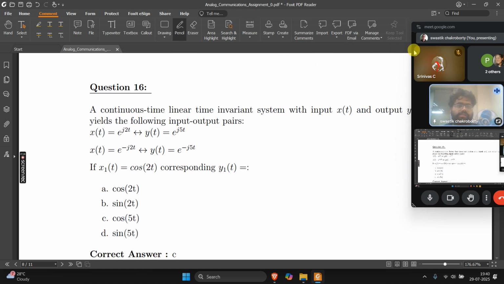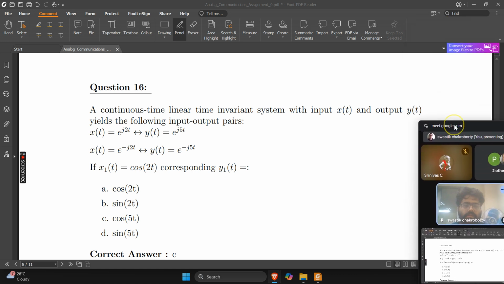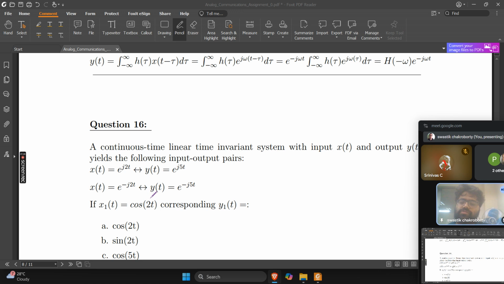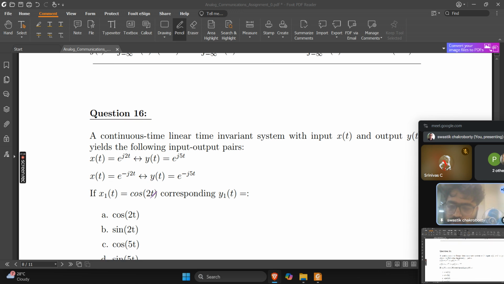Now, a continuous LTI system with input x(t) and output y(t) yields the following input output pair. If you give e to the power j2t, it gives e to the power j5t, and if you give e to the power minus j2t, you will get e to the power minus j5t. So what is the output when you give cos 2t? Try this one. You don't need to do integration or convolution.